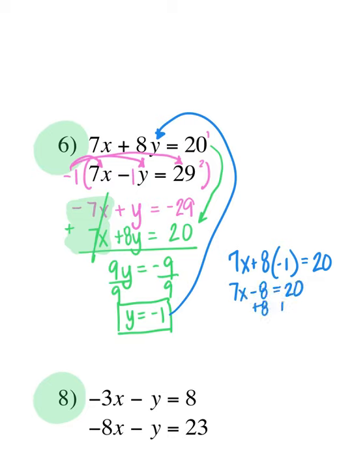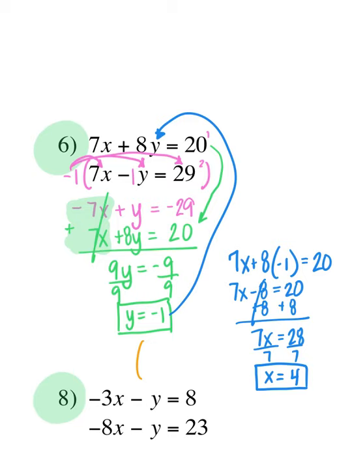Add 8 to both sides. That cancels and I get 7x equals 28. Divide by 7. X equals 4. So then my final answer would be 4, negative 1.